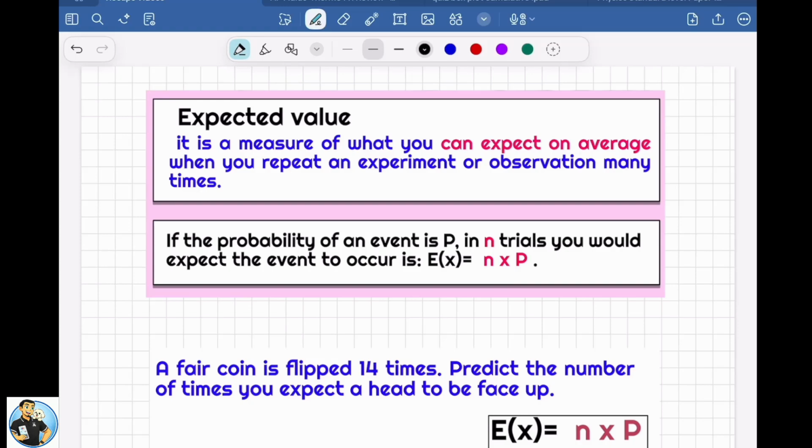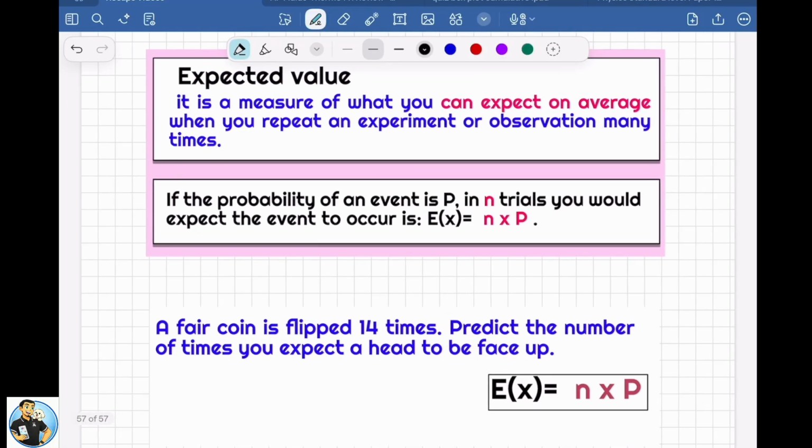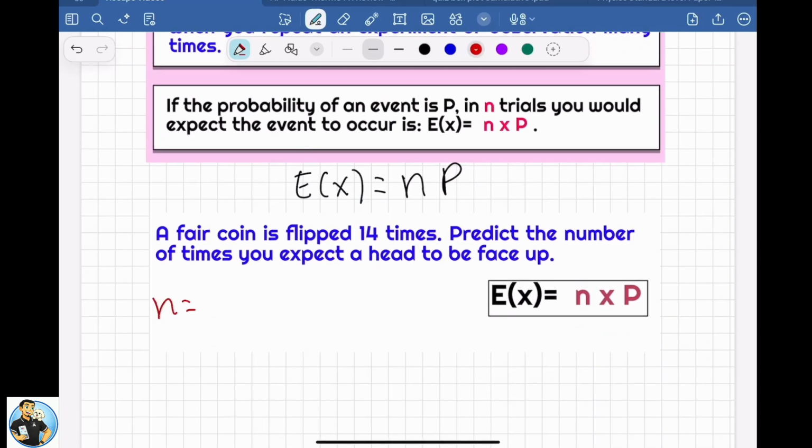In a moment, I'm going to do an exercise, and I want to explain this better. Basically, we have a formula here. Let me explain this. The expected value of the event X is the number of trials times the probability. N is the number of trials.